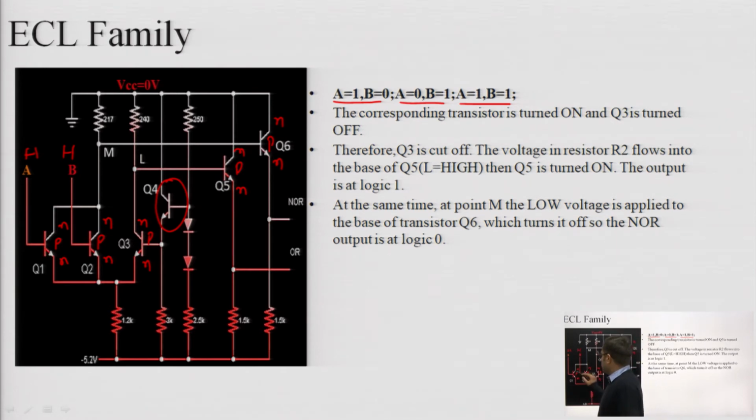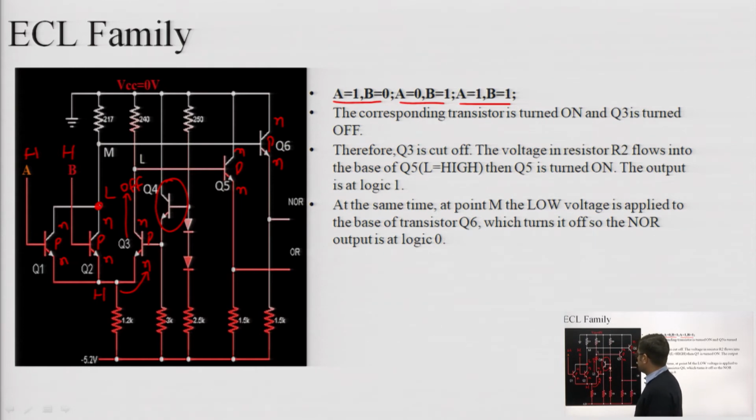So if any of the input is high, then either Q1 or Q2 or both will be conducting. Okay, whichever is high. So if this is high, that means this point will definitely be at low potential, because if a transistor conducts, then emitter potential becomes high and collector potential becomes low. Okay. Then this high value is connected to the N type emitter, that means this Q3 transistor must be off. Okay.